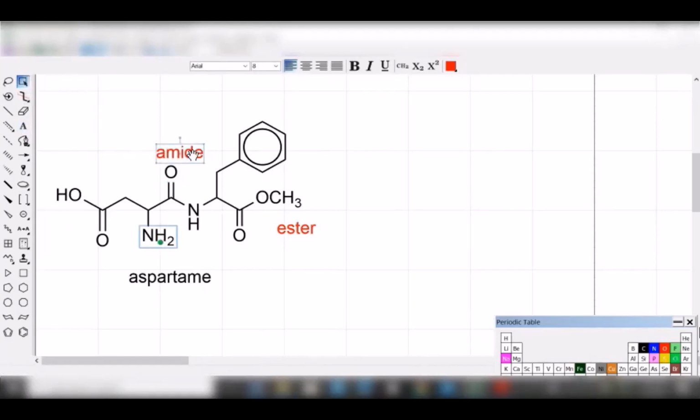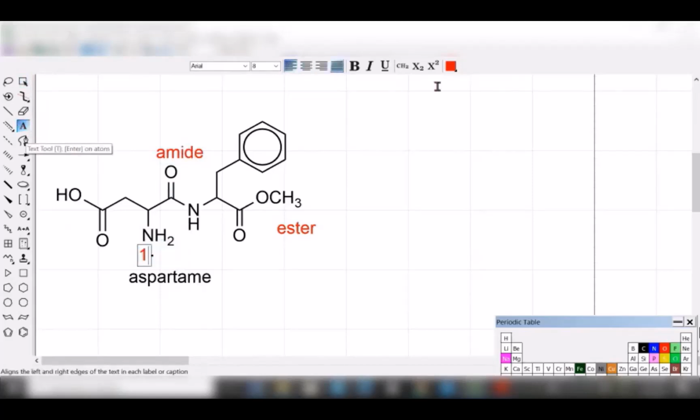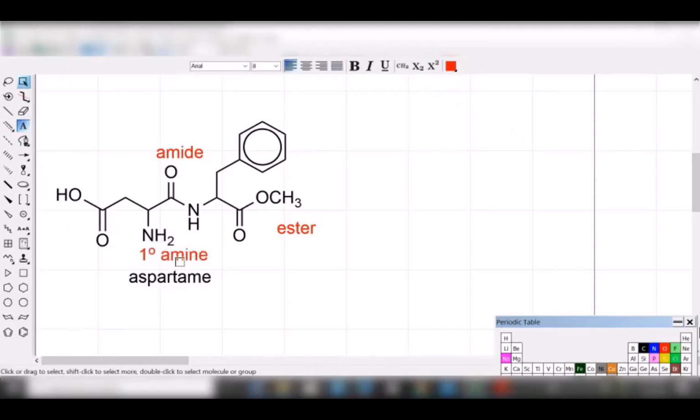What do you have here? Remember, for two of the functional groups, you need to tell me primary or secondary or tertiary. So this is one of them. This is a primary amine. And then the final one here will be a carboxylic acid. So this question will be quite trivial.